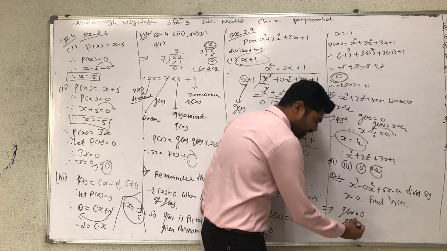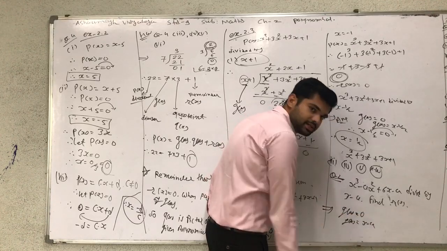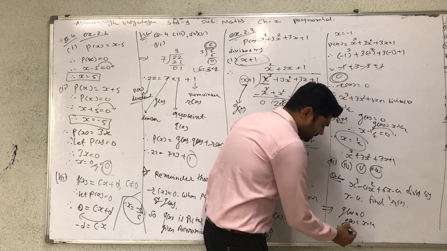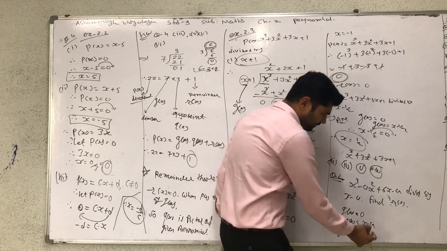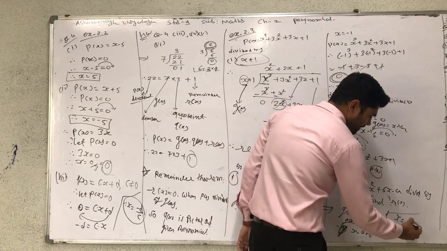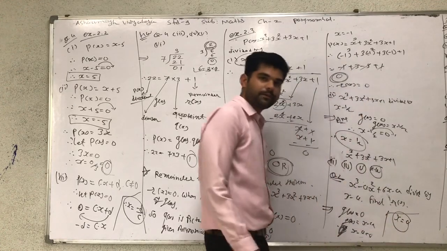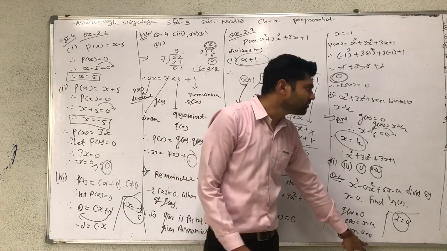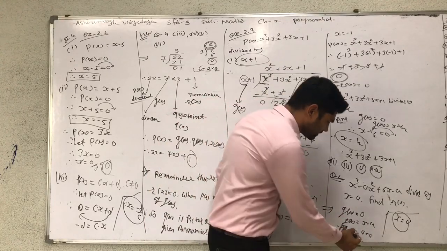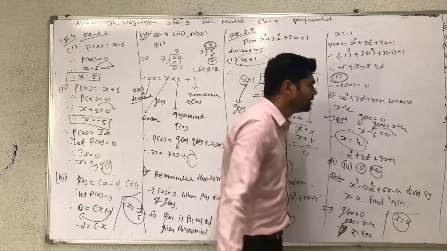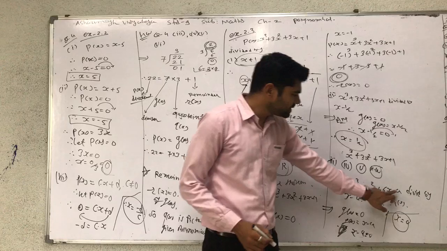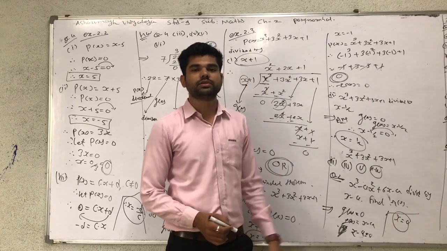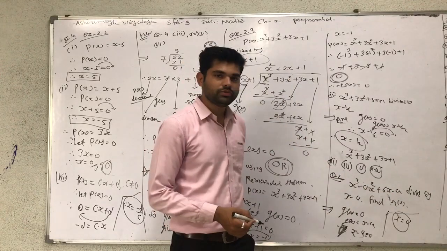Now g of x equal to what? x minus a. Therefore x minus a equal to 0. So we get value of x equal to a. Put x equal to a in this equation and find the remainder. So this is our value of r of x.